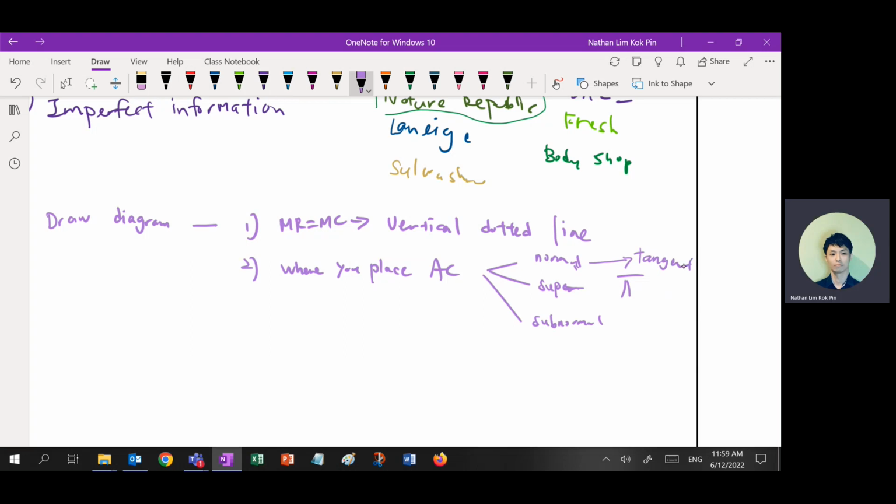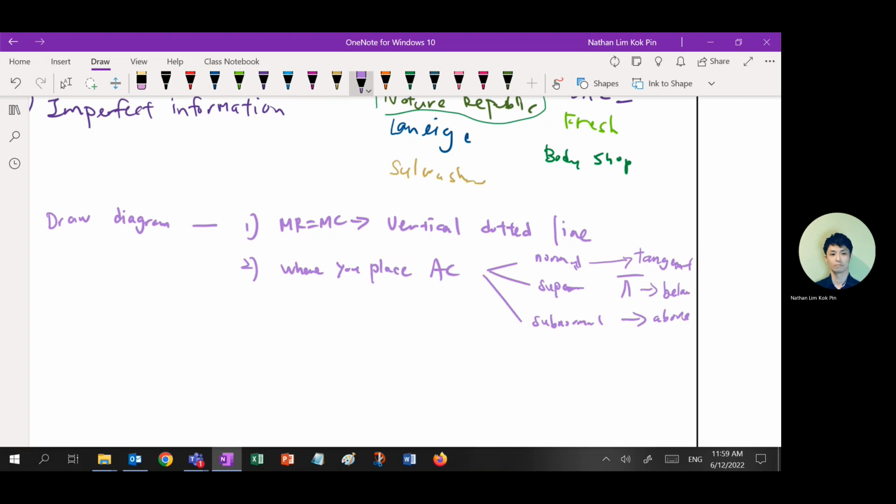Tangent to what? Later I show you. Supernormal profit, the AC curve must be below. Subnormal, the AC curve must be above. That's all. If you remember this, you can use it for all the different market structures.